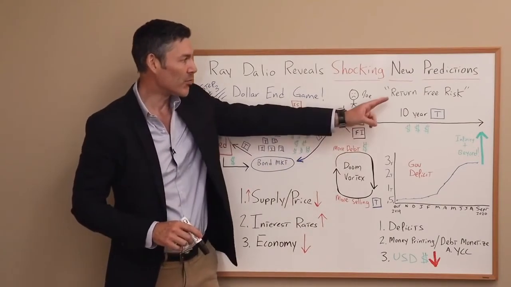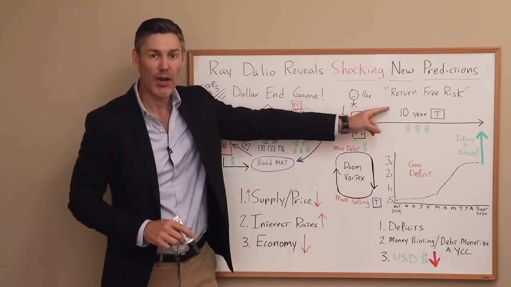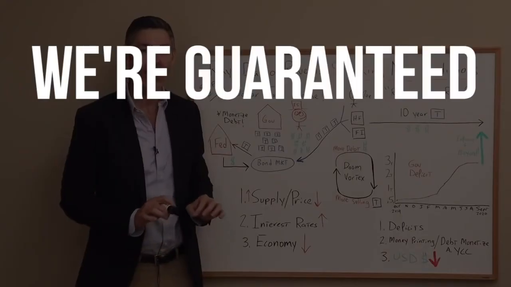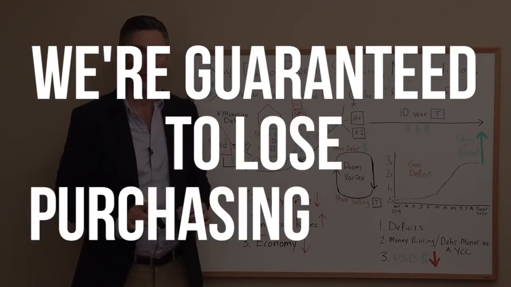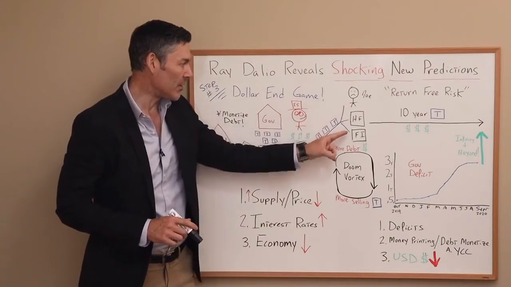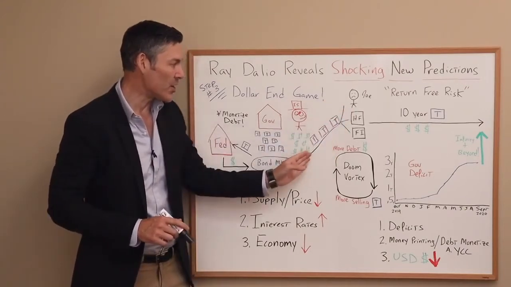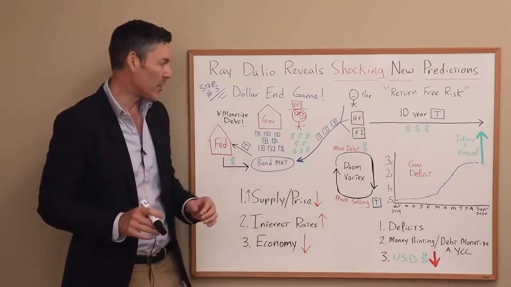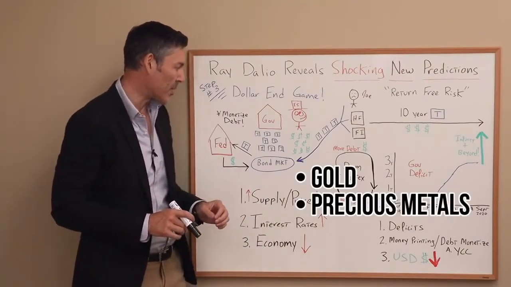Because this is return-free risk, meaning there's no way that we're going to make money. We are guaranteed to lose purchasing power over the long run. So all of the entities are going to start selling their treasuries. They're going to rotate into a different asset class, such as gold or precious metals.